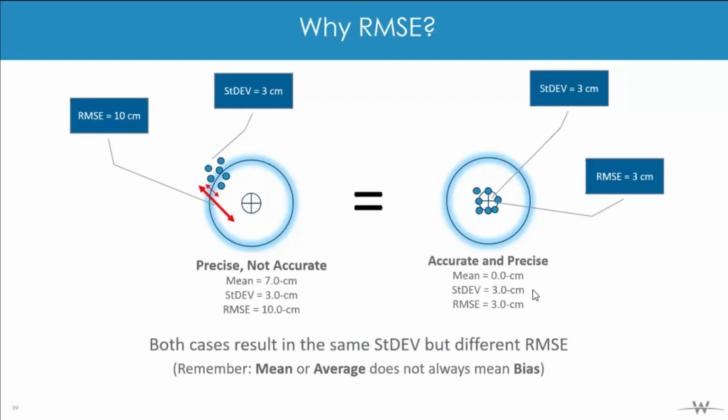similar to the standard deviation because there is no systematic error. So if I base my conclusion on acceptance or rejection of the data on the right, for example, on a standard deviation or RMSE, it is no problem, right? No systematic error. But if I base my conclusion on the left data set only on standard deviation, 3 centimeters, and I am supposed to meet 5 centimeters, for example, I will push it out the door.